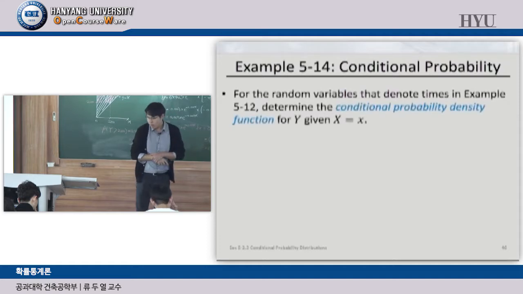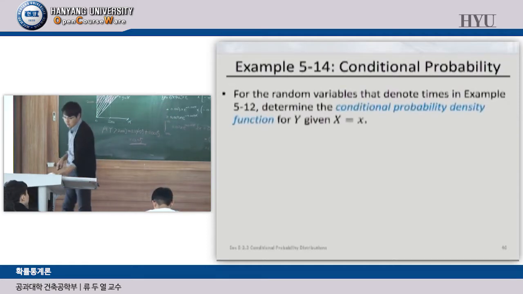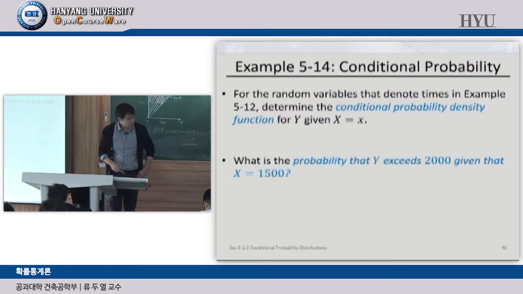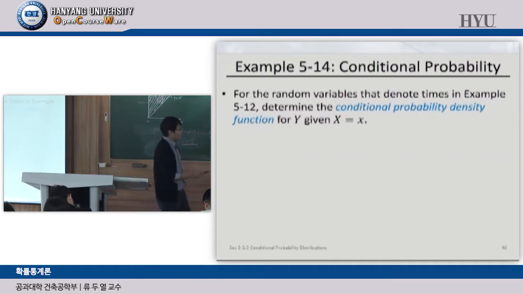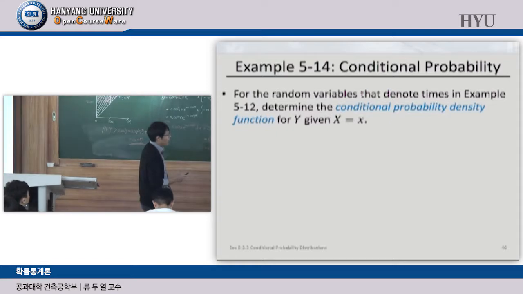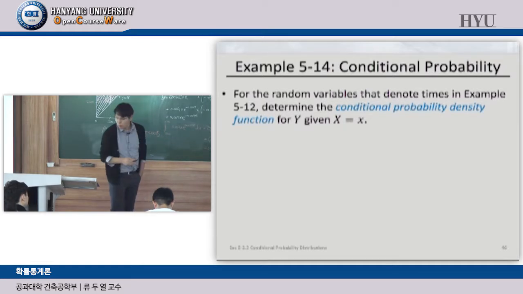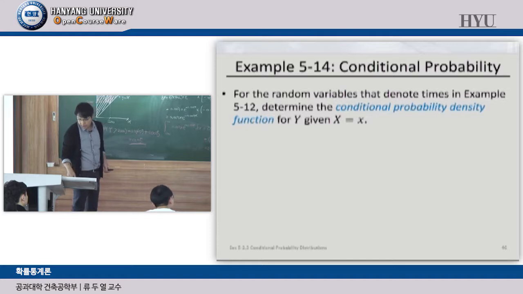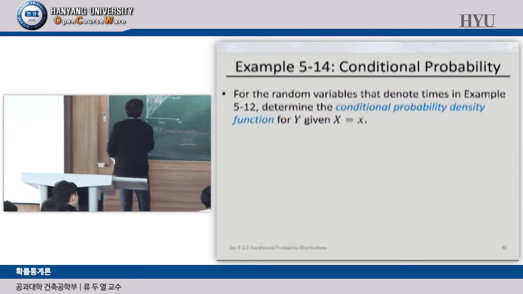So this is example 5-13. For the random variables that denote times in the previous example 5-12, determine the conditional probability density function for y given x when x is equal to small x. That is the example. That is the question.